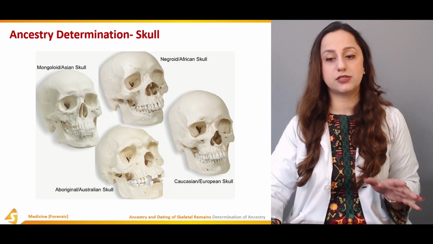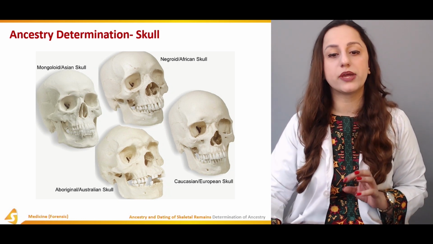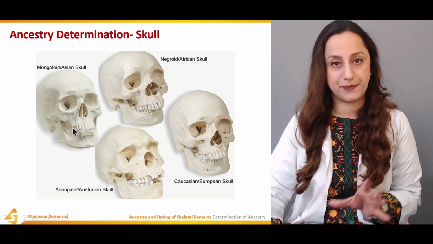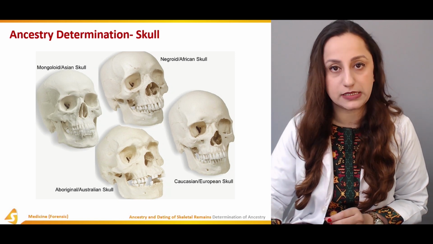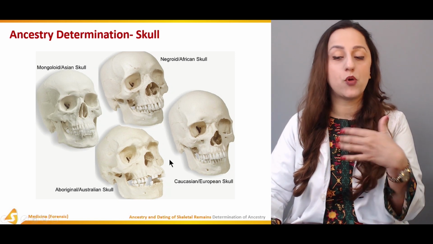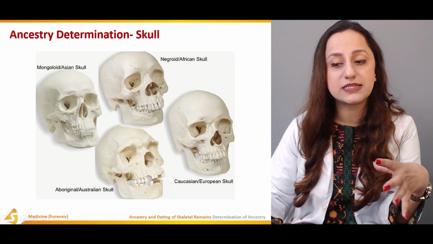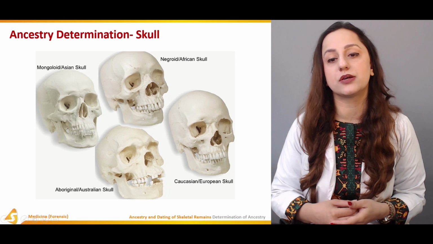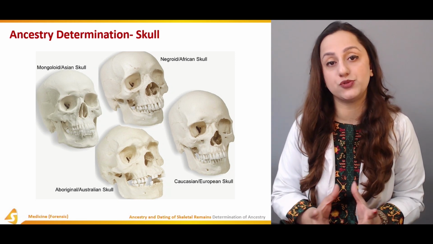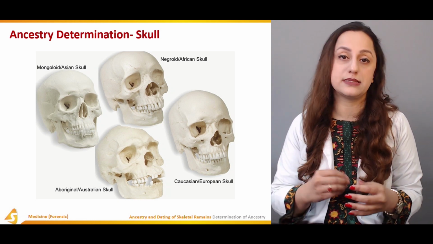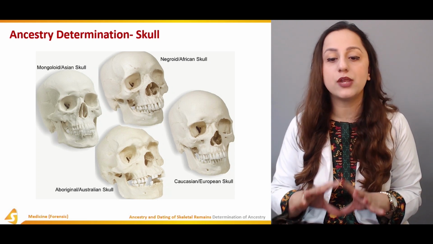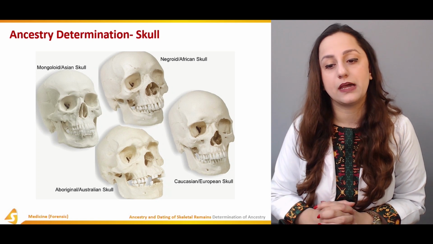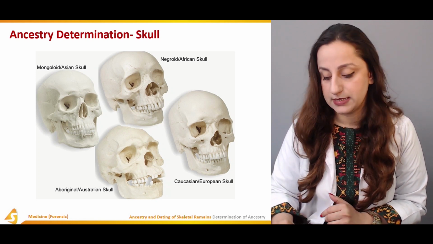Here you can see in general that the Caucasian and the Mongoloid have a lot of resemblance. So it is sometimes very difficult to distinguish whether it is an Asian skull or a Caucasian skull. But still we have to do it, and we have to stick to the indices, the nasal indices, the femoral indices, and all these skull indices in general, whenever we have to identify the ancestry of a skull.